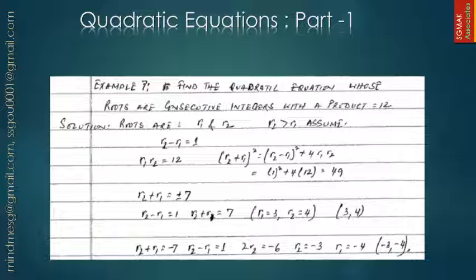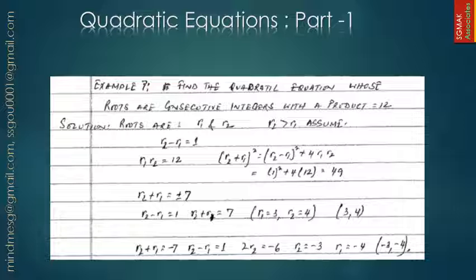So if you have a quadratic equation with roots R1 and R2, let's say R2 is the bigger of the two, R2 minus R1 is 1, and R1 times R2 is 12. And so when you solve for it, we get R1 plus R2 is plus minus 7, R2 minus R1 is 1. So we get 2 pairs of roots, 3 and 4 and minus 3 and minus 4.